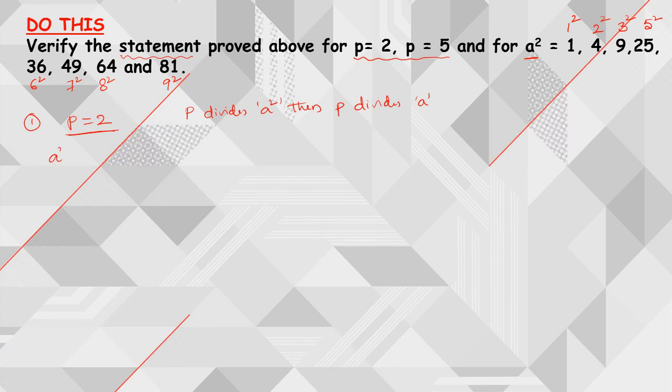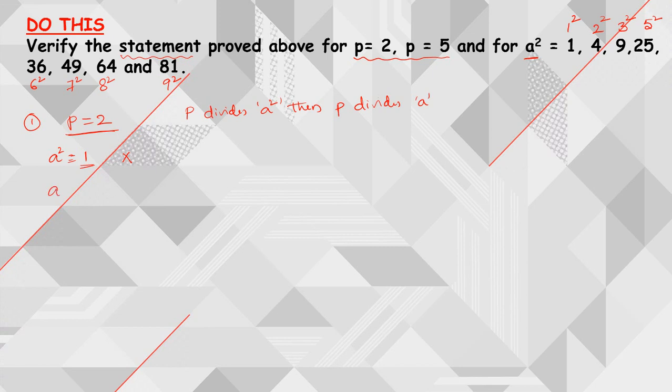First of all, a square is equal to 1 I have considered. Now if you observe, 2 won't divide 1 square because 1 is less than 2. So clearly 2 is not dividing a square, then 2 also won't divide 1. Hence this statement is wrong, so this won't satisfy.